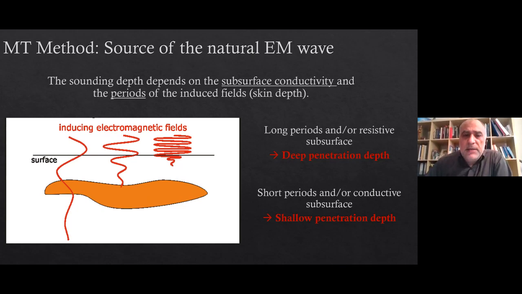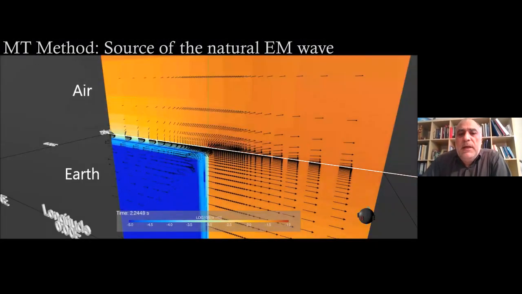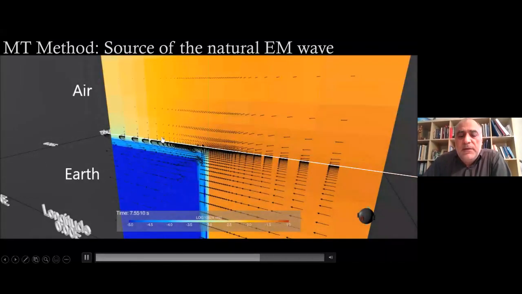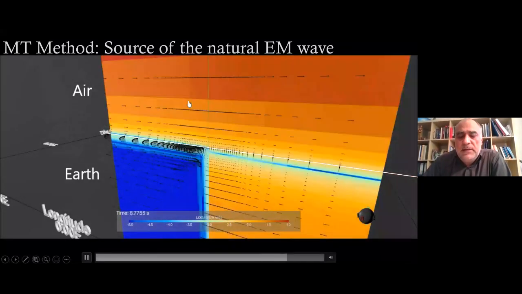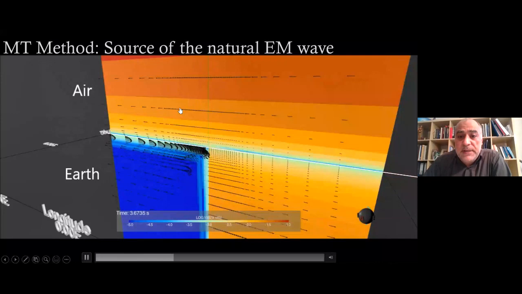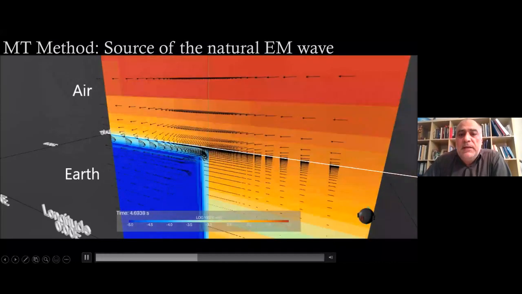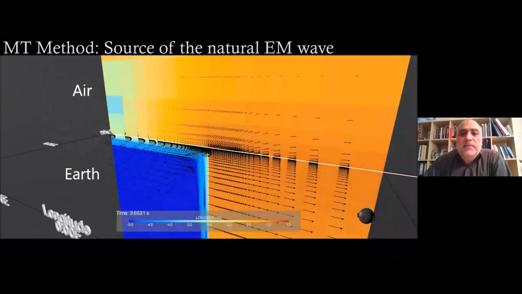Now, to visualize how the EM wave penetrates from the air down into the earth, I have here a simple animation showing how the electric field, with the arrows showing the polarization state of the electric field, varies as a function of time.